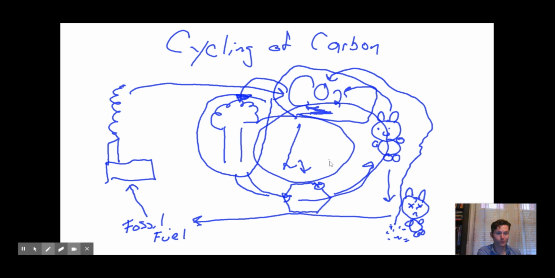Cool. That's it. So, we talked a little bit about the structures involved in photosynthesis, which are the thylakoid and the stroma, which are found within the chloroplast, which is the organelle of the plant that contains the chlorophyll, which is the pigment used to actually catch the sunlight.